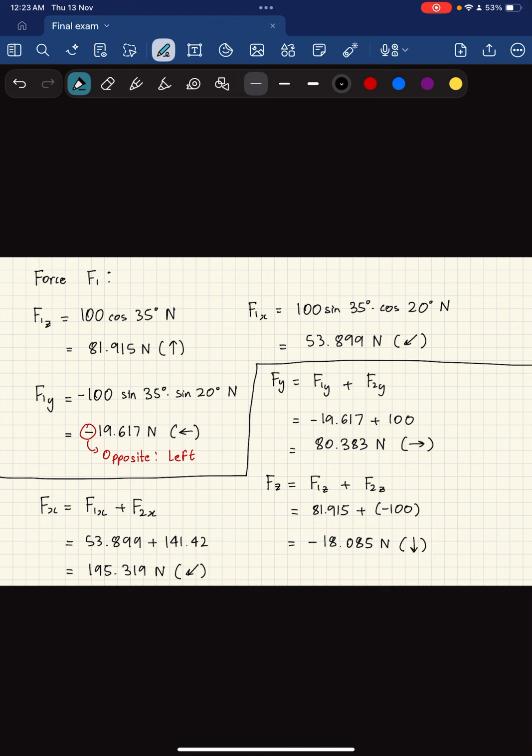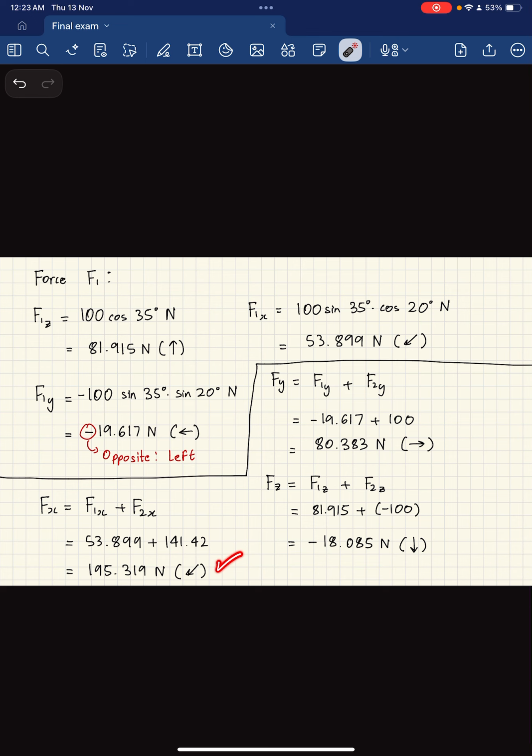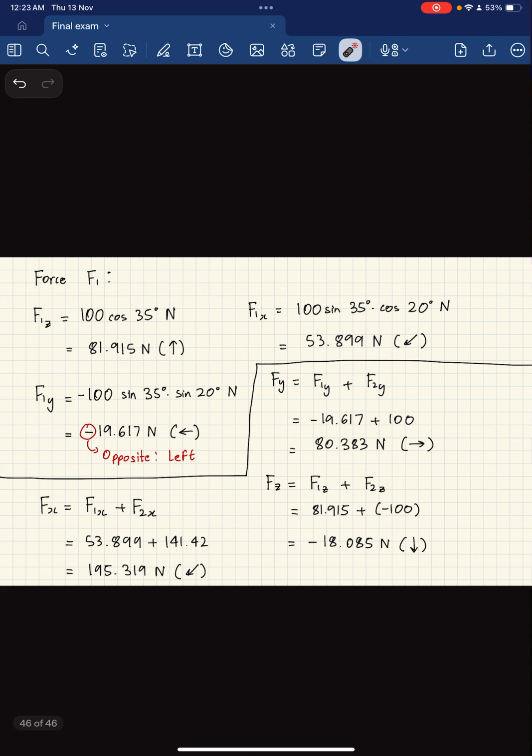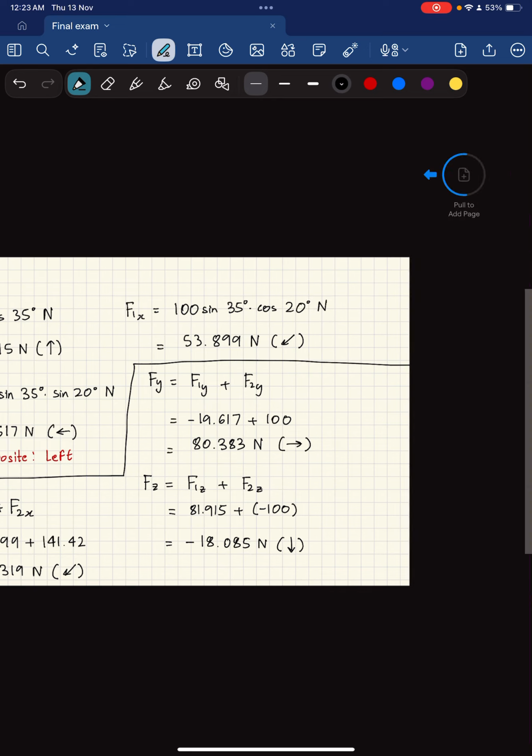Since we've already found the individual components Fx, Fy, and Fz, now it's time for us to create our resultant vector, and then we can easily find the magnitude and the coordinate direction angles. Later, of course, we can sketch this vector on the coordinate system very easily. It's actually quite easy. Let's express it as a vector real quick.